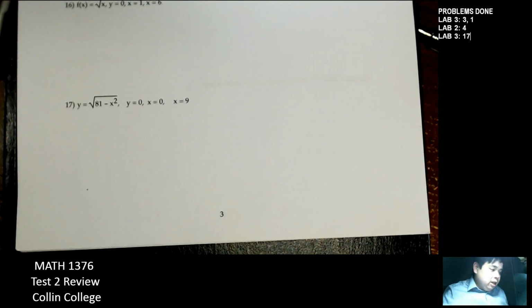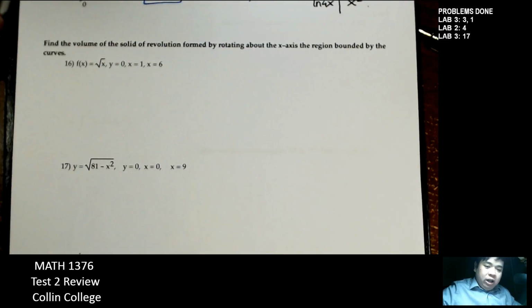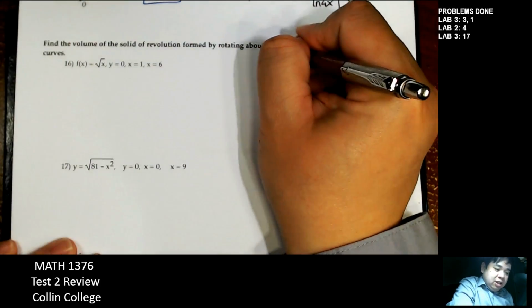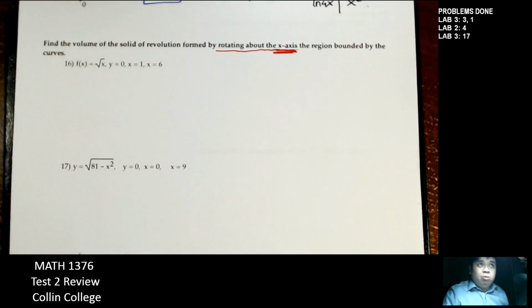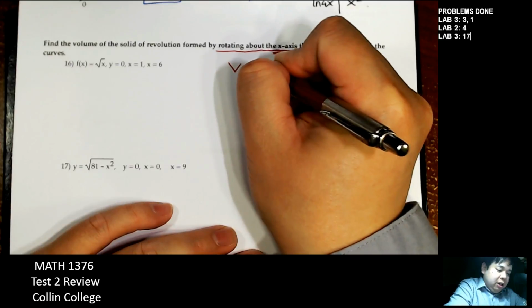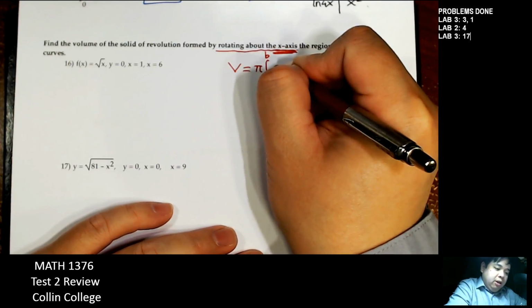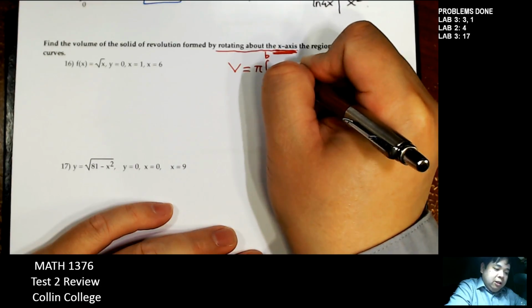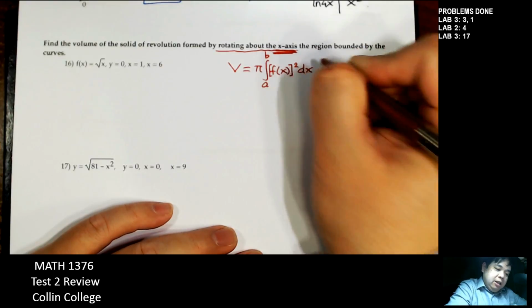So here we have the volume of a solid of revolution rotating about the x-axis. By the way, it could get complicated, but on the test you always have just rotating about the x-axis, so it will not be much. In that case, the volume will be equal to pi times the integral from a to b of the function squared, dx.